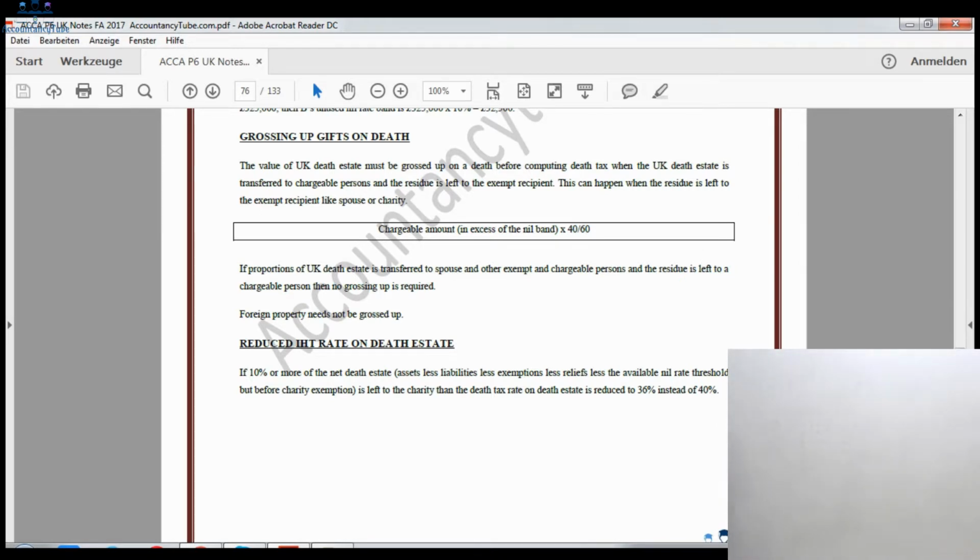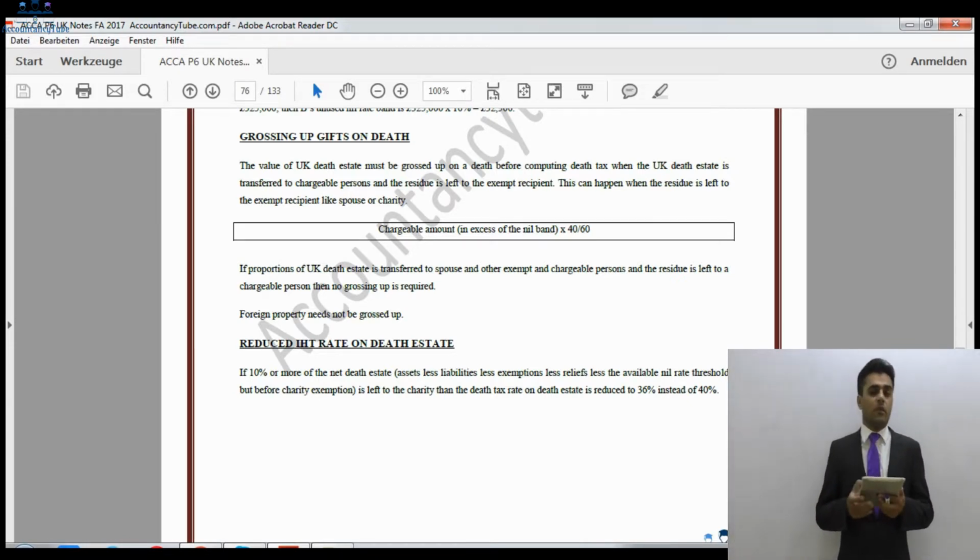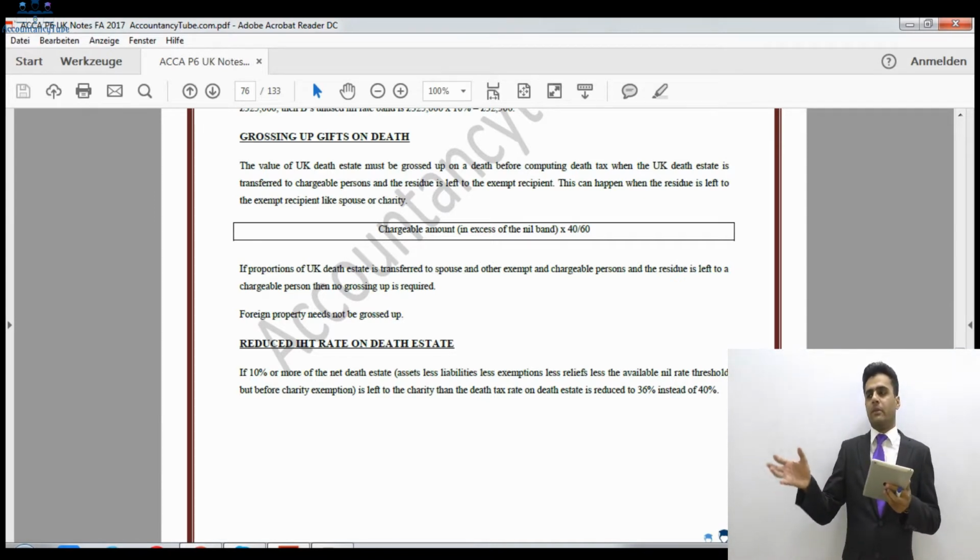Right, then after that it's the grossing up of assets on death. We have seen the circumstances in our previous video when we were studying F6, that when an individual dies, he says I will transfer this thing to my son, that thing to my daughter, and the other things to my nephew or whatever.